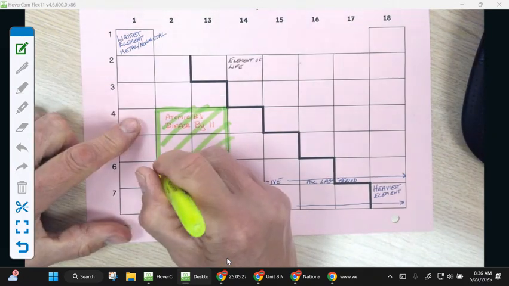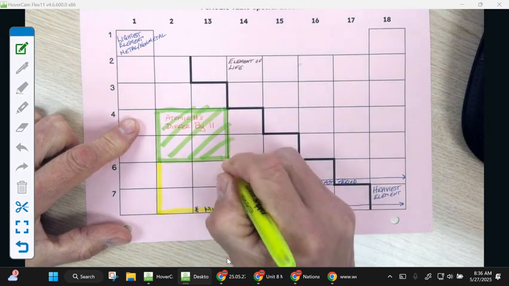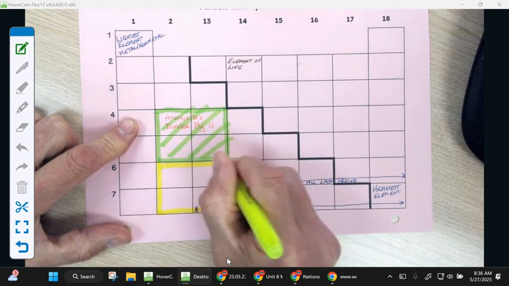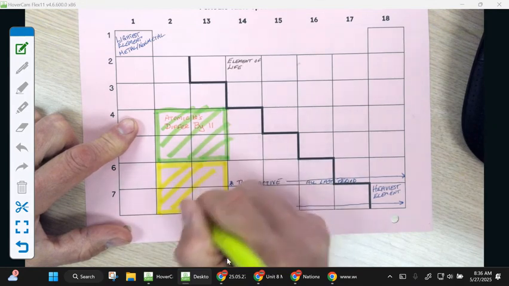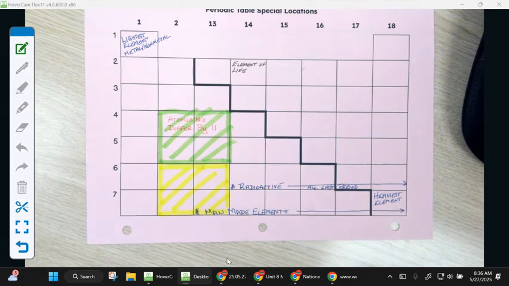So now, ladies and gentlemen, down here, these two spots. These two spots are right next to each other, but what do their atomic numbers differ by?